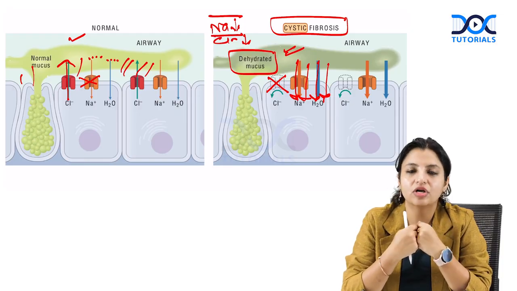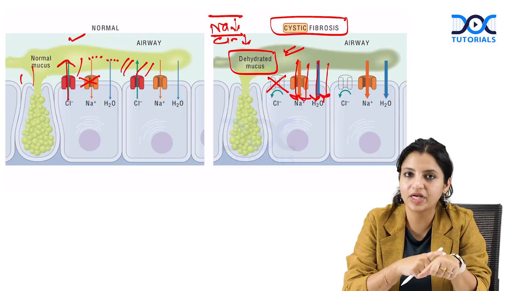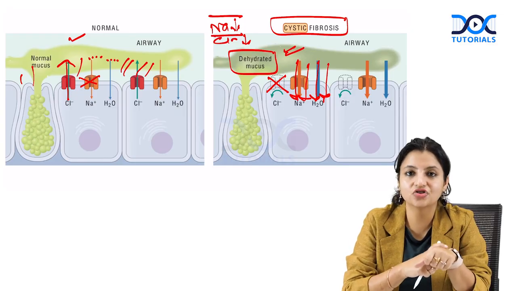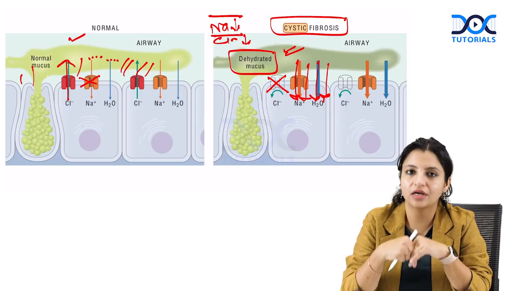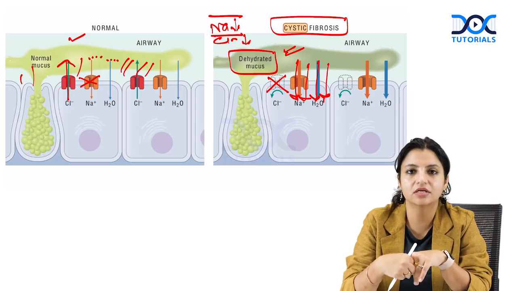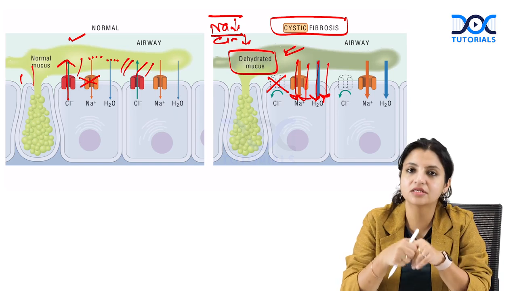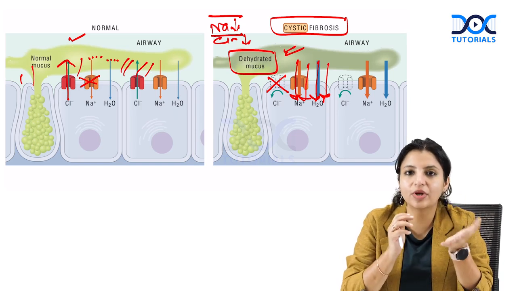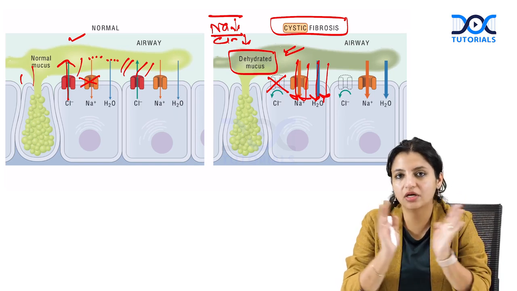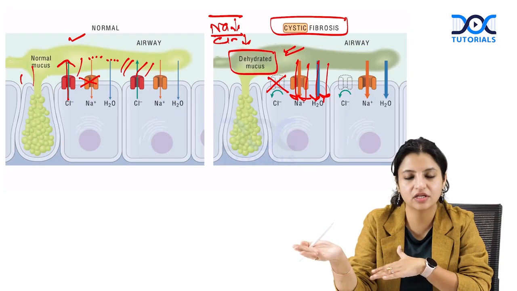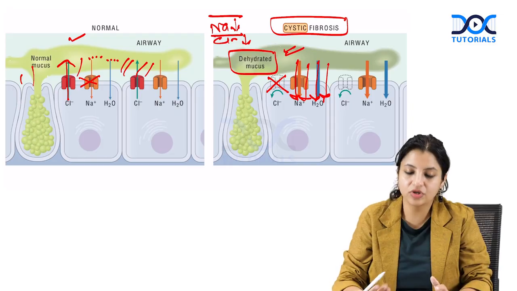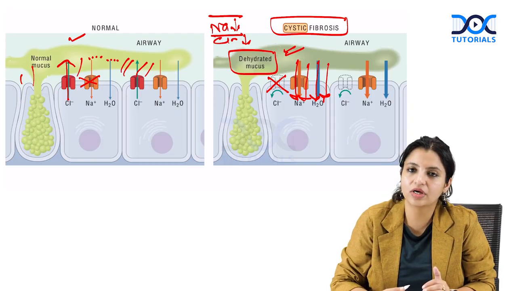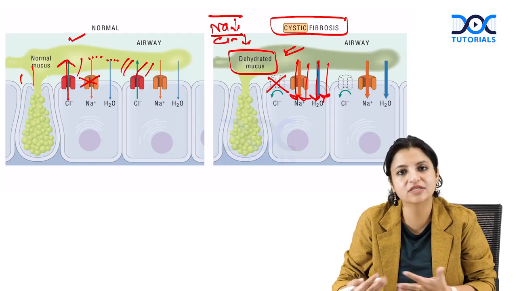So remember always, in the sweat the chloride concentration is increased, whereas all over the rest of the body the chloride content is decreased. Only the sweat is salty, the other areas are not salty, they are thick.